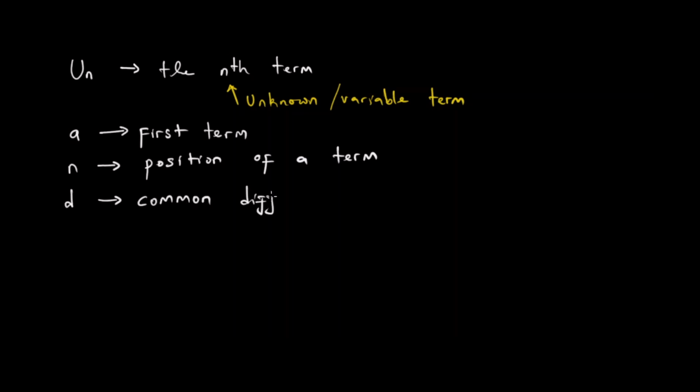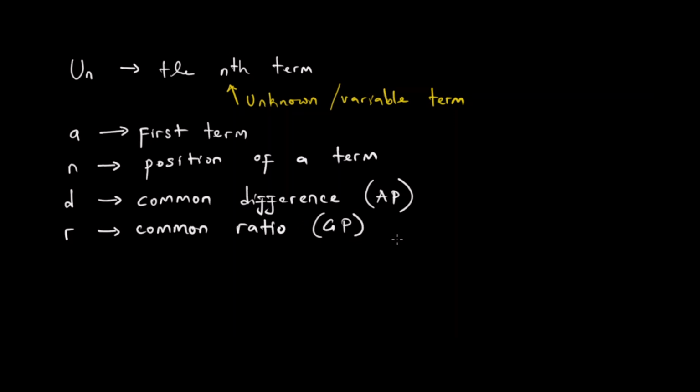Just to preempt, a common difference is associated with the arithmetic progression, an arithmetically progressing sequence. Then r, which is a common ratio, referring to a geometrically progressing sequence or just a geometric progression. Then lastly, L represents the last term. This is what we learned.